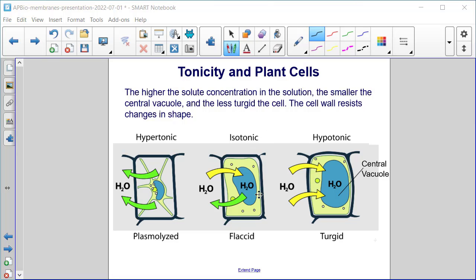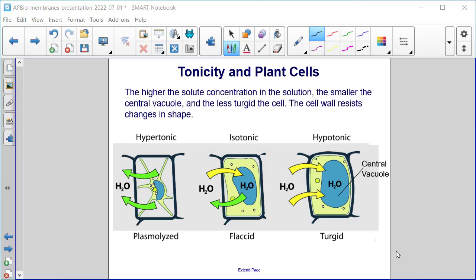In an isotonic solution, we have a flaccid cell with this normal central vacuole, where we have this dynamic input and output of water. And in a hypotonic solution, water will rush in and we'll end up with a turgid cell with a very large central vacuole.